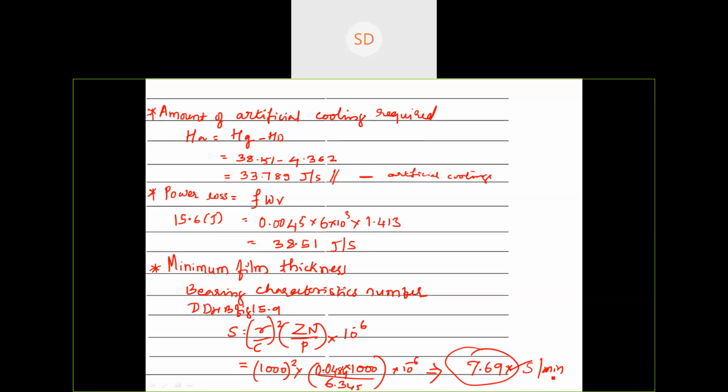Now let us refer to the figure from your data book. Figure number 15.9. We have some curves here. On the horizontal axis you have S, that is R by C squared, Zn by P into 10 to the power of minus 6.